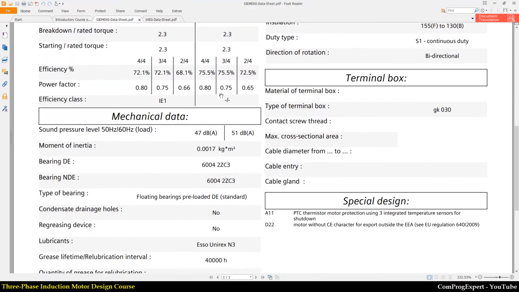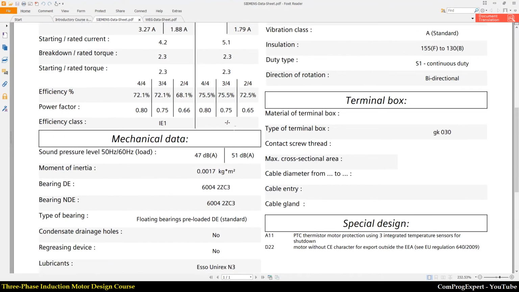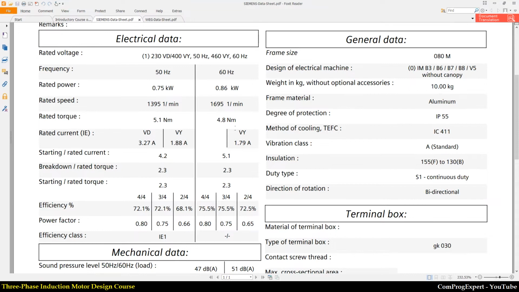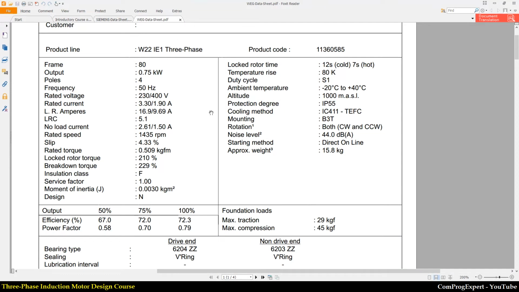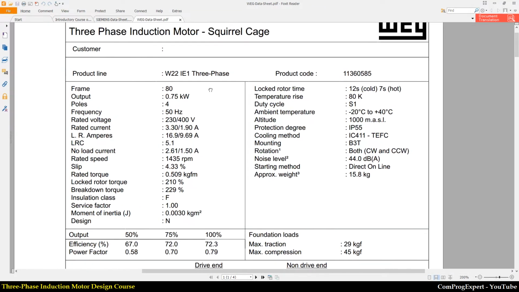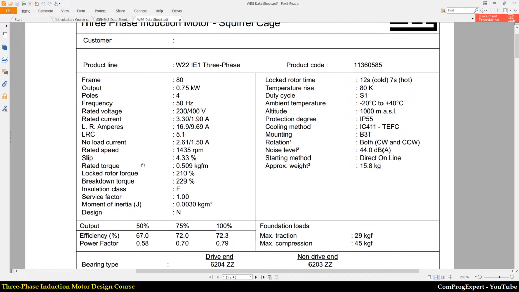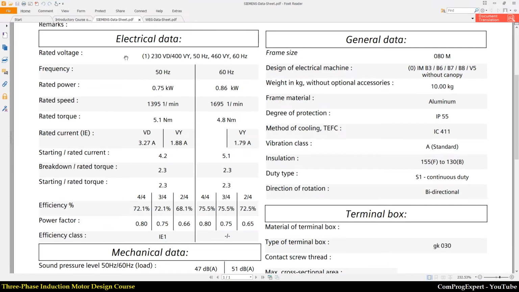I think the value of slip should be reported in the datasheet. You can see the value of slip for the WEG motor, right? 4.33%, and also the value of slip for the Siemens motor is higher because the rated speed of the Siemens motor is lower.